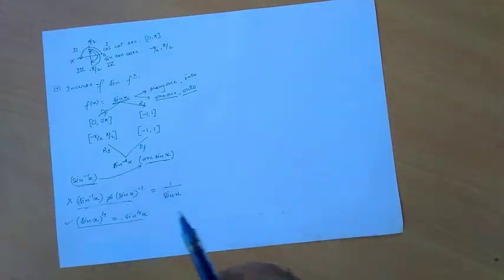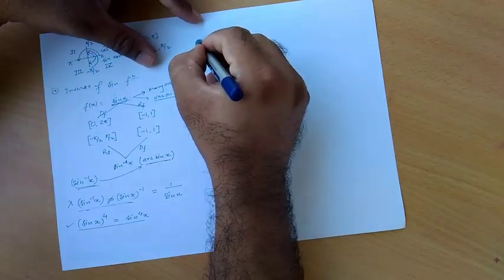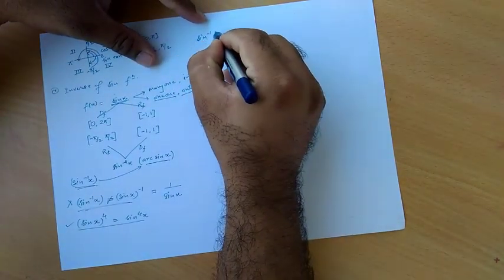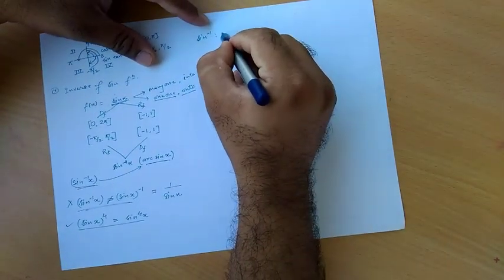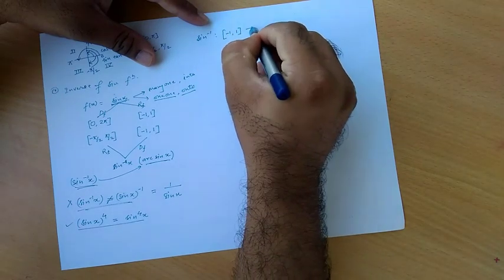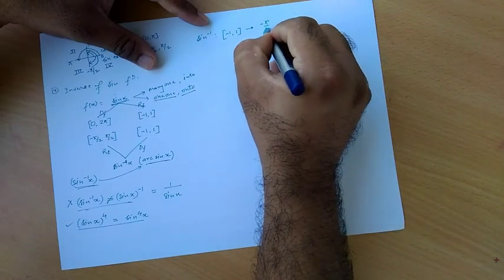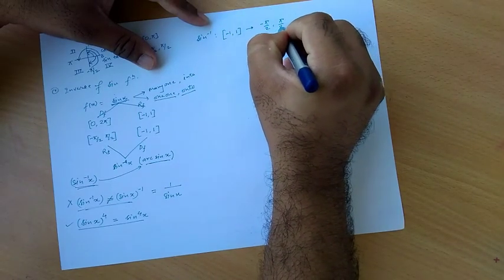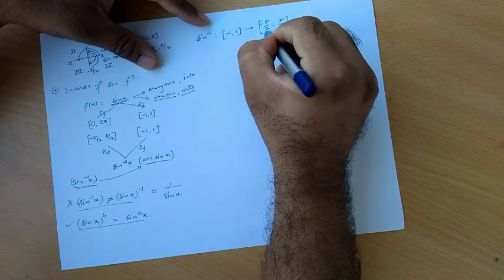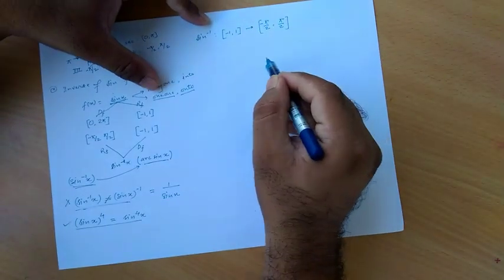So sine inverse x maps from minus 1 to 1 to minus pi by 2 to pi by 2. The function sine inverse is defined in between these two values.